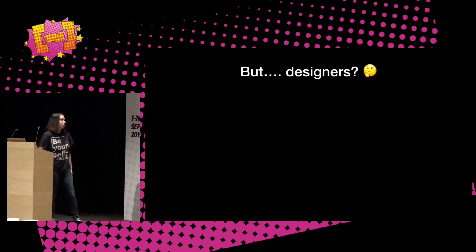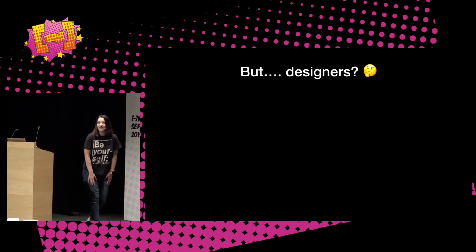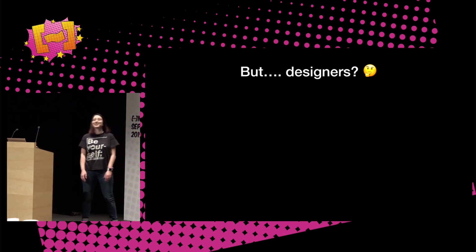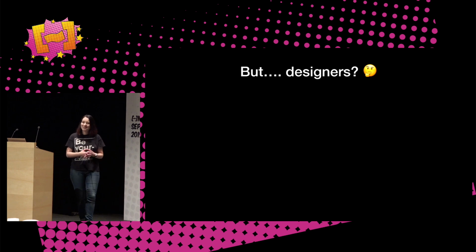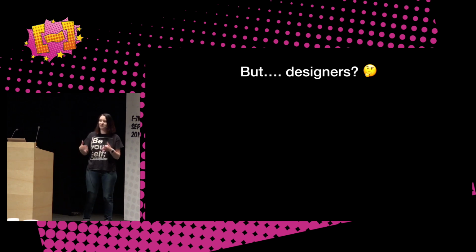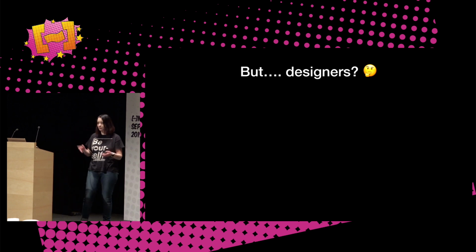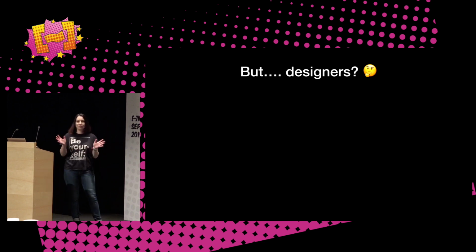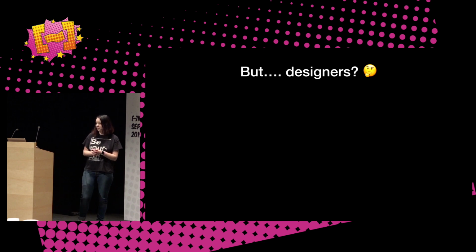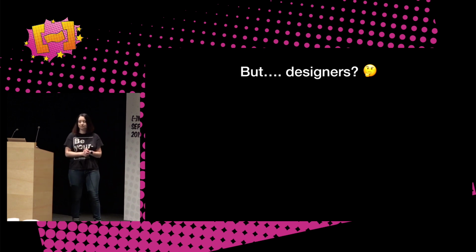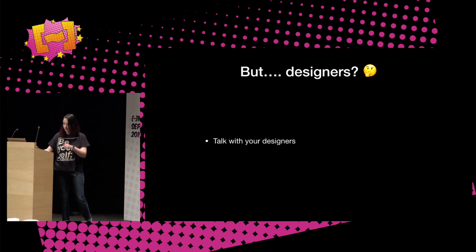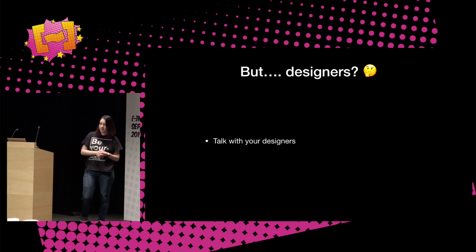But of course, if you go with completely numberless layout, then you might think, okay, but what about the designers? They often give us designs that have very specific numbers in them. Like your margin can be 8 or 12 or 20 or whatever number they put on their sketches. And my answer to that is just talk with your designers.